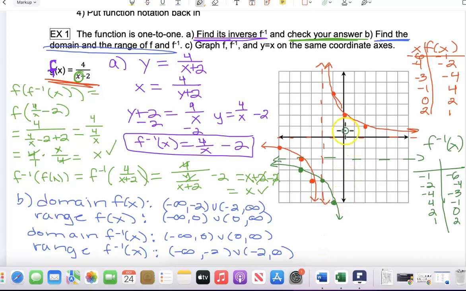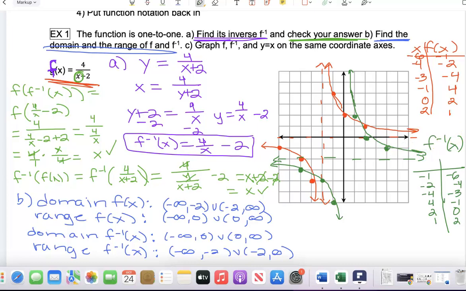And then I know I should have another over here somewhere, and I've already got the points: 4, -1, 2, 0, and then 1, 2. I know it's not going to cross the axis because x equals 0 is a vertical asymptote. Sorry, I'm having trouble using my online pen here to connect the dots.